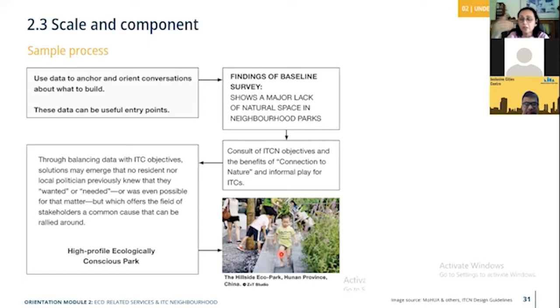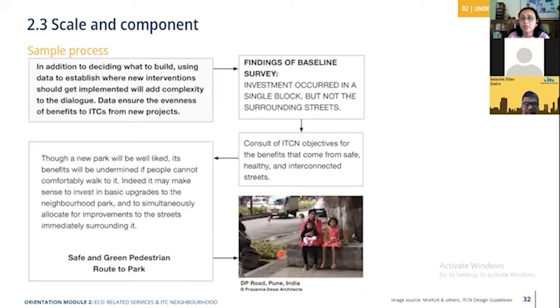I will keep coming back to the process so that it is very clear how these guidelines can be approached. This is another process, in which the baseline survey data is collected. The next module is on using the data, which is also the fourth module we have.